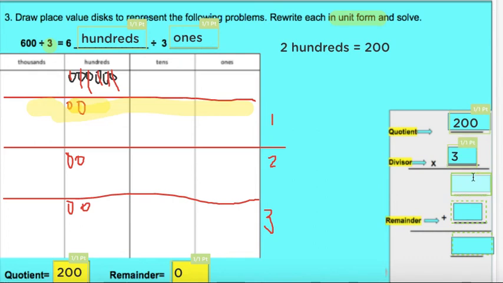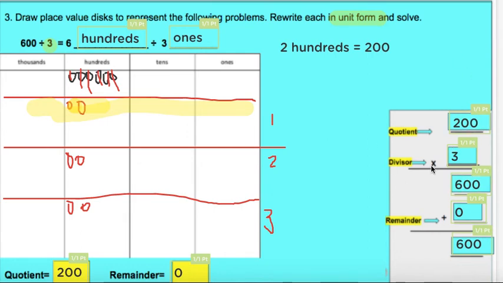I agree. It's 3. So now we're multiplying 200 times 3. I don't know 200 times 3, but I do know 2 times 3, which is 6. And I took away 2 zeros, so I'm adding 2 zeros back in. My remainder was 0, so we know 600 plus 0 is 600.